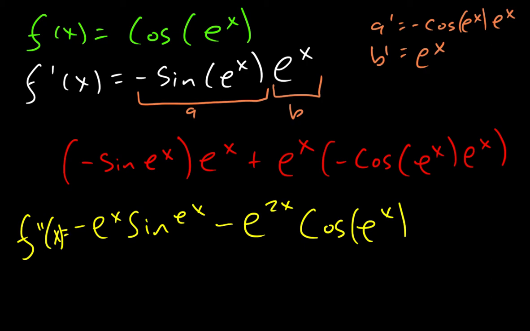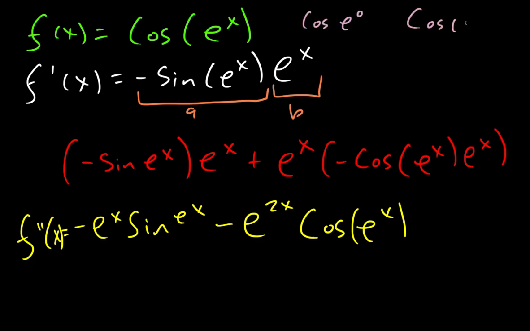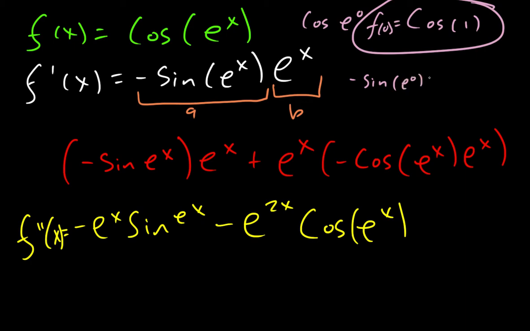Now what we're going to do is plug in zeros for all the x's. Plug in a 0 here, we're going to get cosine of e to the 0, which is cosine of 1. So f of 0 equals that. If we plug in zeros here, we get negative sine of e to the 0 times e to the 0.